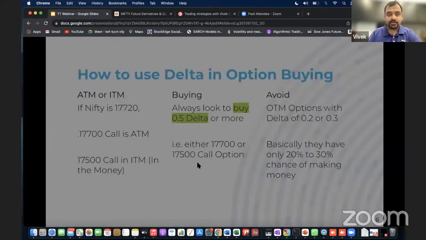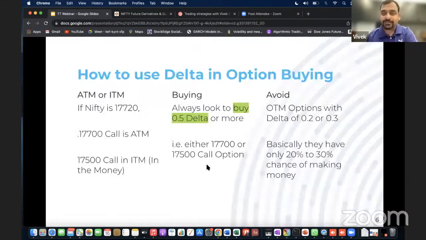So let's see now how we use this practically in our trading systems, because at the end of the day, this theory is of no use till we can apply it. How I use it is that when I'm buying options, I'm always looking to buy something like half delta or more. So it has to be either at the money or in the money.